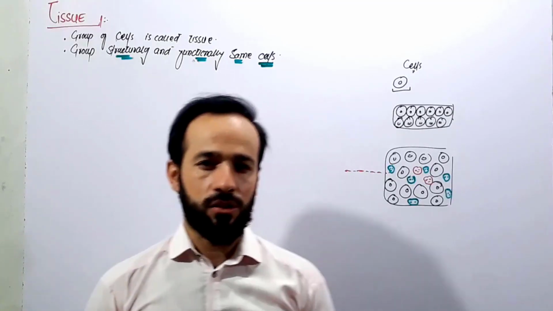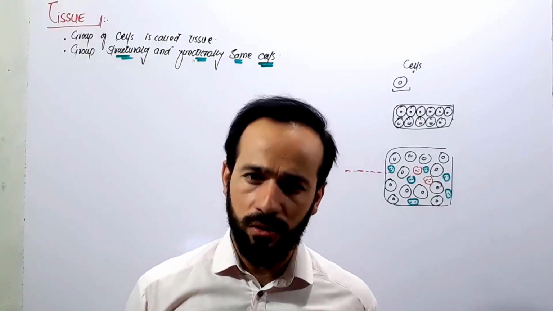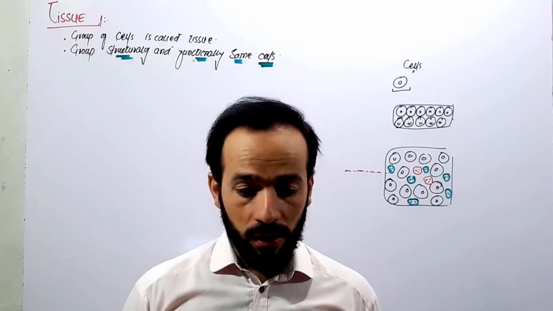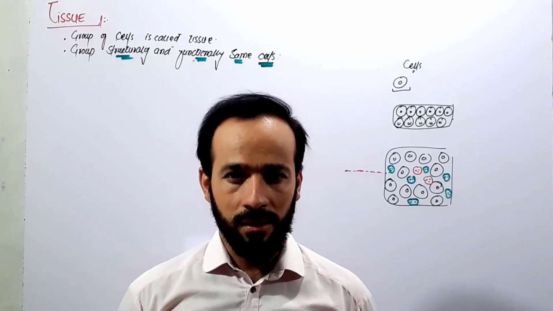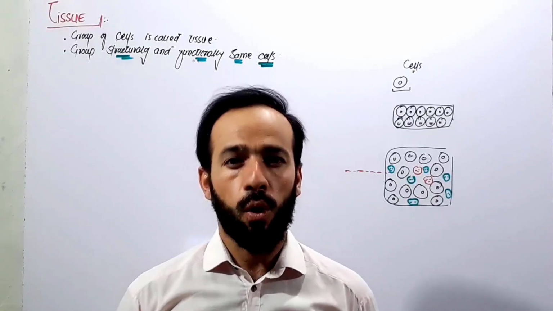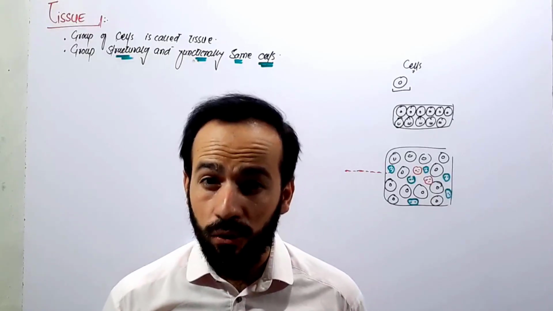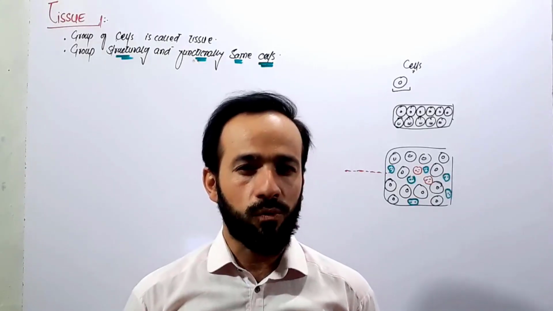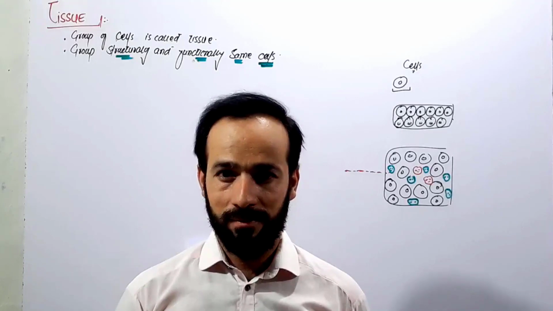In our nervous tissue, you know that the nervous tissue is made up of nerve cells or neurons, but not only neurons. Along with neurons, we have certain other cells which are called the glial cells: astrocytes, oligodendrocytes, microglia. What are these? These are certain other cells which don't perform the function which neurons play, right.